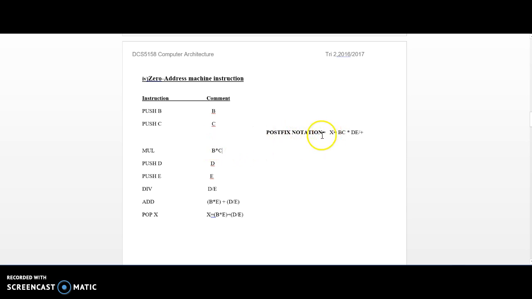So it's actually the same as our postfix notation. We just have to write in words: push B, push C, mul and so on.